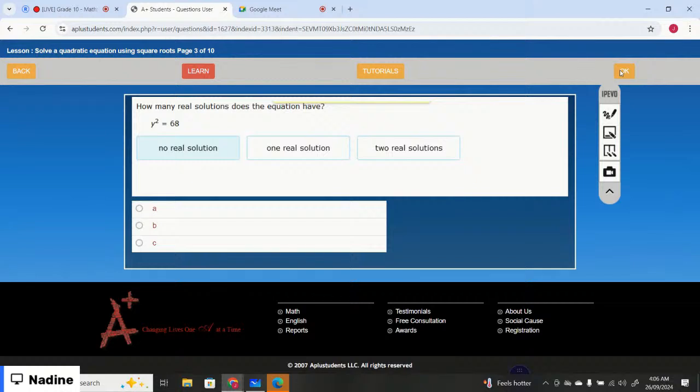How many real solutions does the equation have? y square equals 68. So which is the correct option?